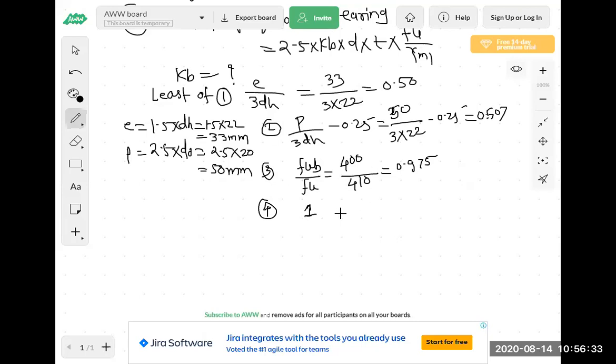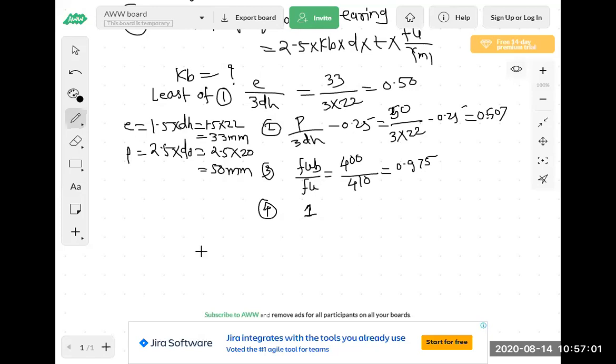You need to learn these, they are not in your book or in the IS code. So you have to keep in mind, you have to mug up this. So the first value is e divided by 3dh, we got 0.50. Then the second value is p by 3dh minus 0.25, so 0.507. Then fub divided by fu, 0.975, and 1.